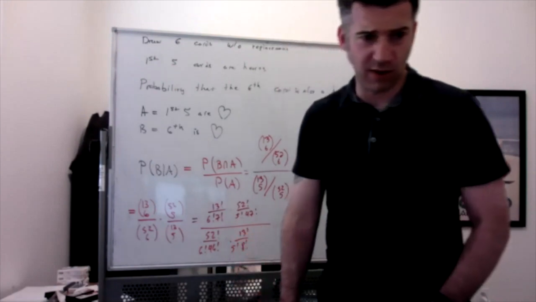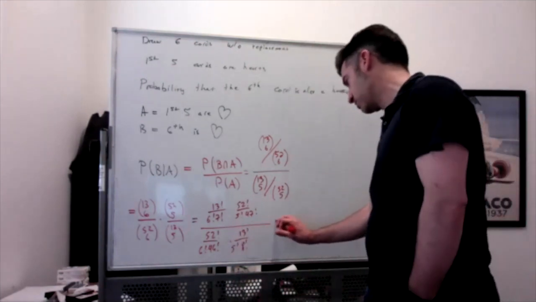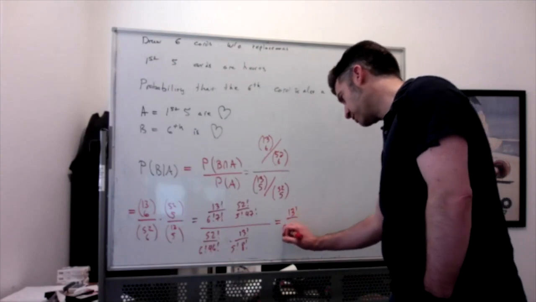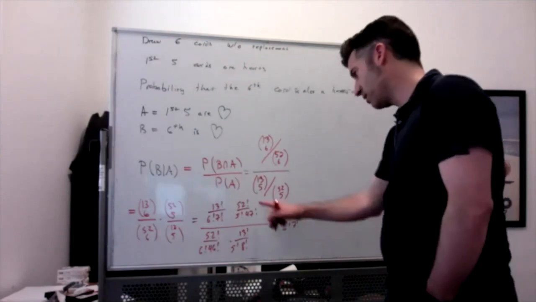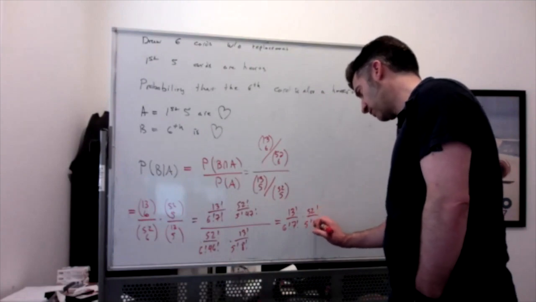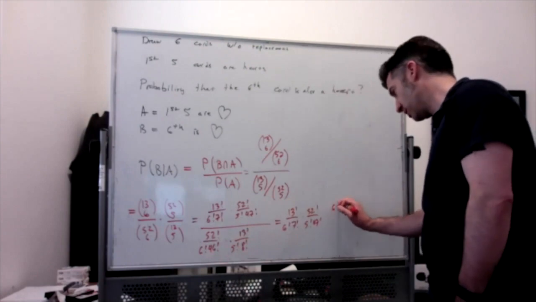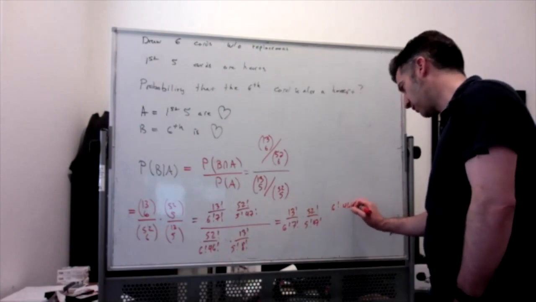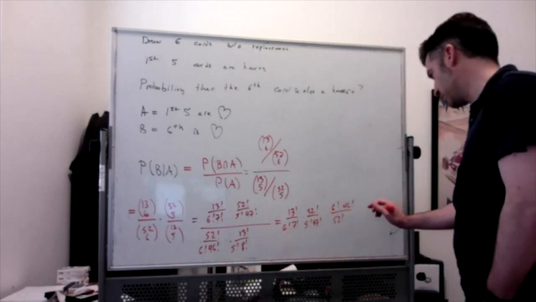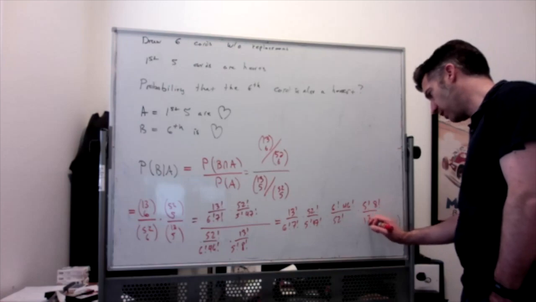It's a lot of factorials. What I would recommend doing is flipping and multiplying both of these. So this is really going to be 13 factorial over 6 factorial times 7 factorial, times 52 factorial over 5 factorial times 47 factorial, times the reciprocal of this, so 6 factorial, 46 factorial, over 52 factorial, and then the reciprocal of this, which is 5 factorial times 8 factorial over 13 factorial.